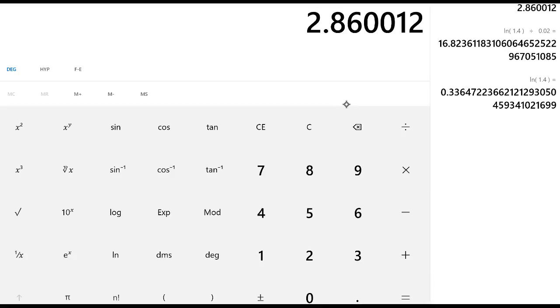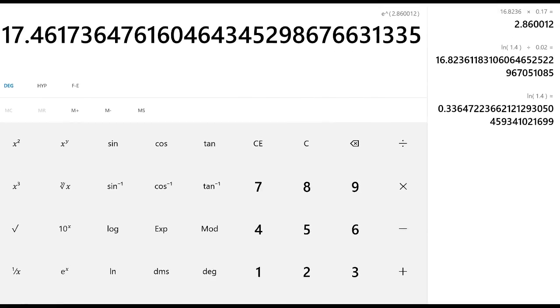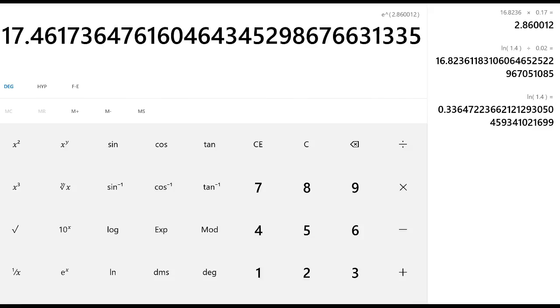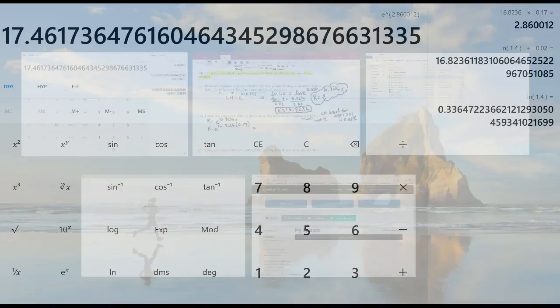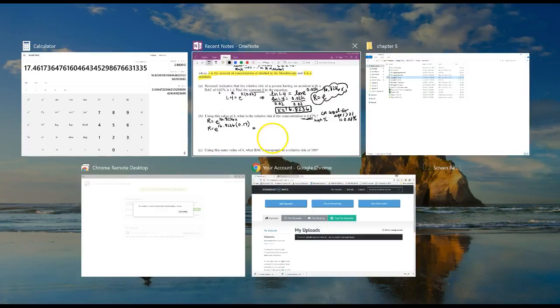Okay, that's my exponent. Now I'm going to raise e to that power. Let me move this up so you can see what I'm punching in. Can you see that e is to that power? So now the answer is about 17.46. So 17.46 is my answer.